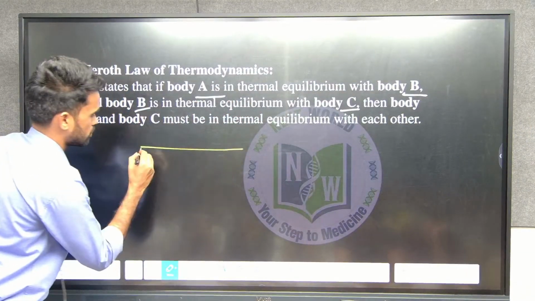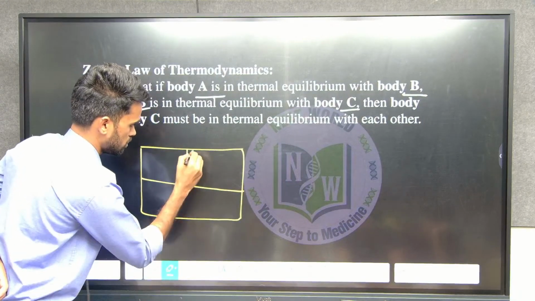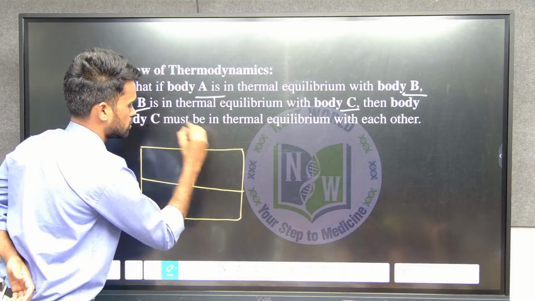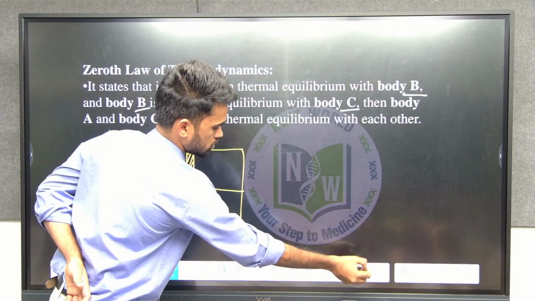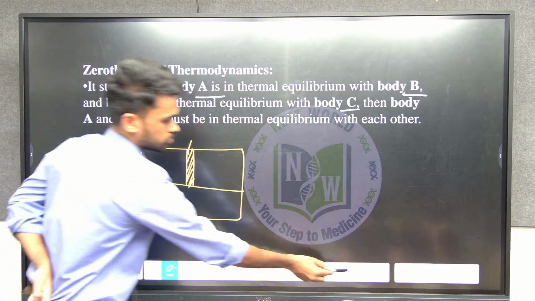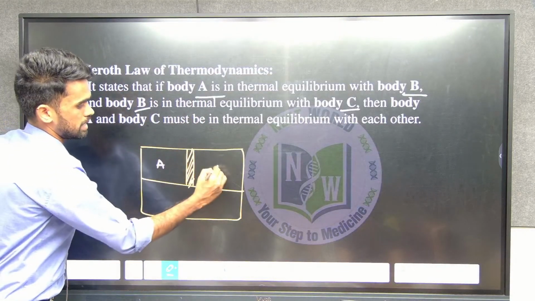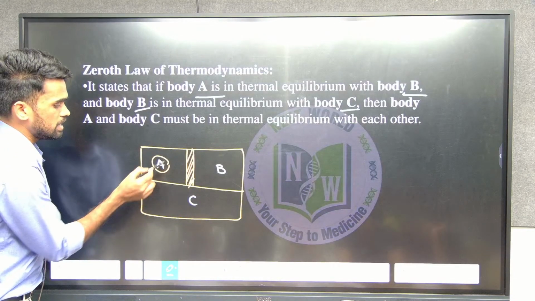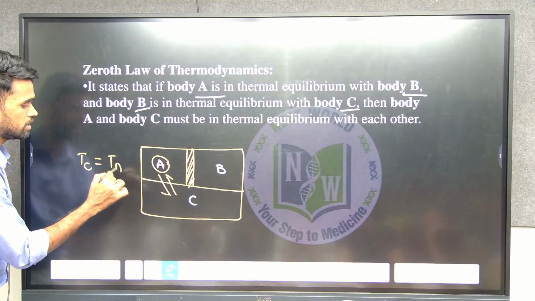Here I am taking 3 rooms, or 3 systems. A and C are in thermal equilibrium. What do we mean by thermal equilibrium? The temperature in C and the temperature in A are equal.